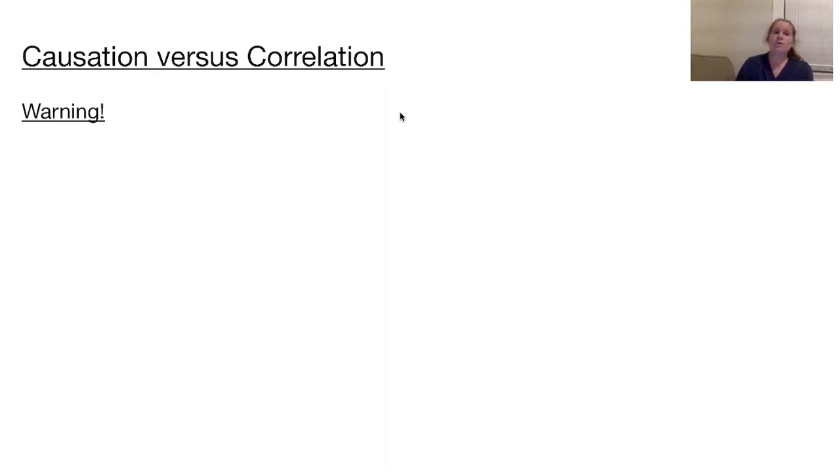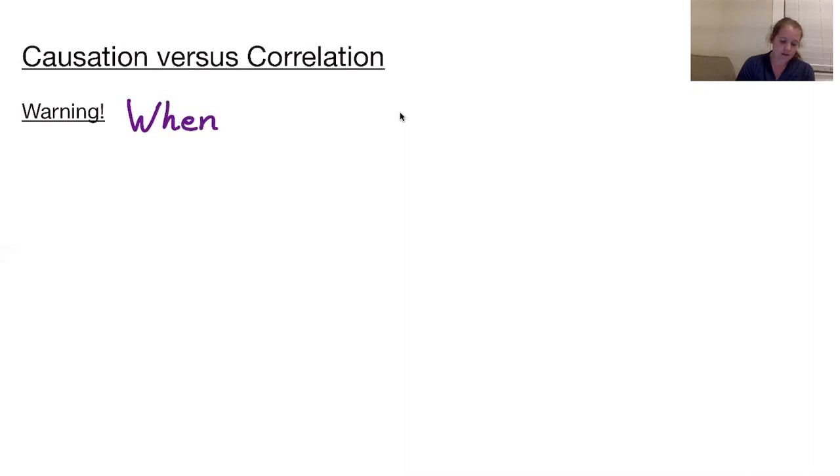When we are looking at scatter plots and describing the strength of a relationship and the direction of a relationship, we are just noting that a pattern exists.